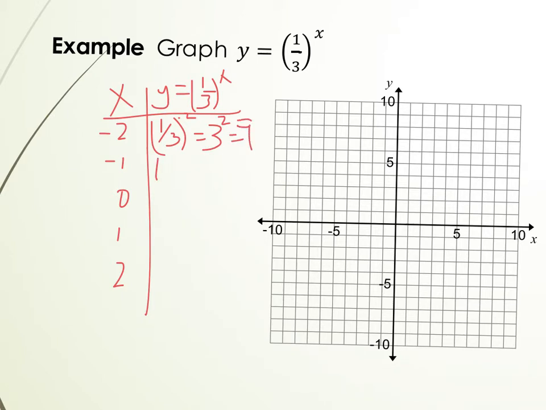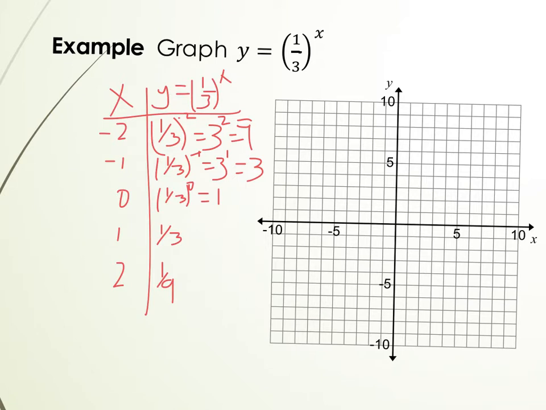If we take 1/3 to the negative 1, it would be 3 to the first, which would be 3. 1/3 to the 0 power would just be 1. 1/3 to the first would be 1/3, and 1/3 squared would be 1/9.